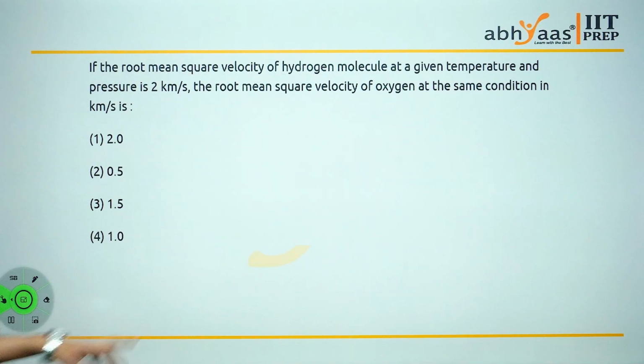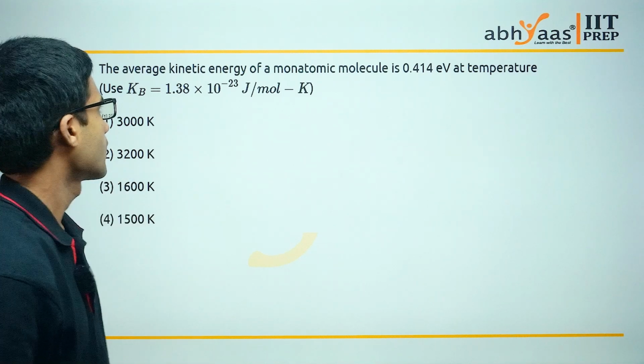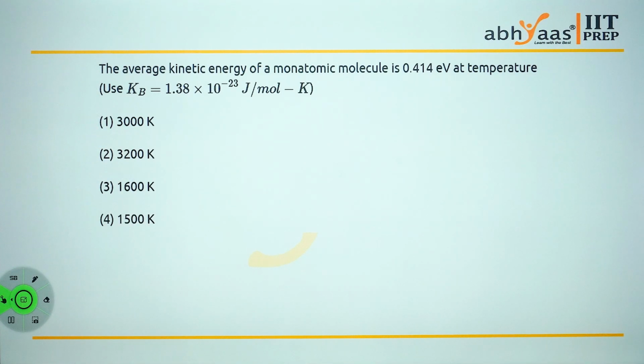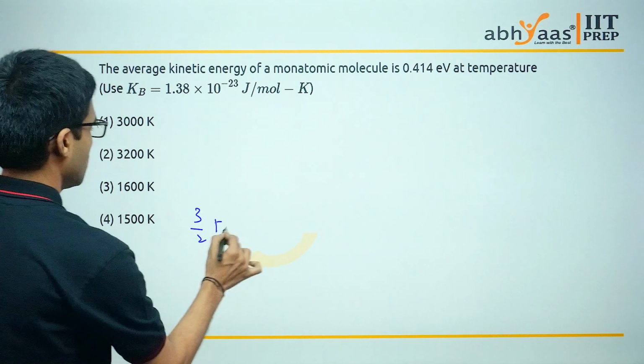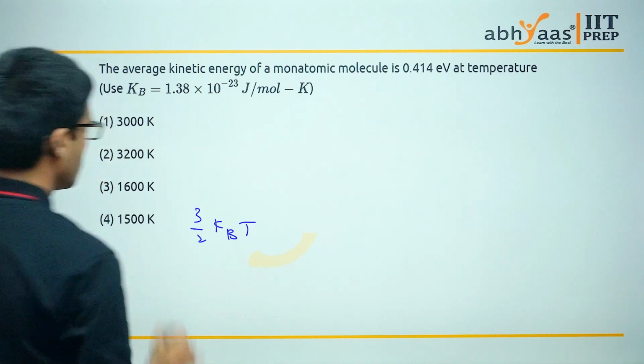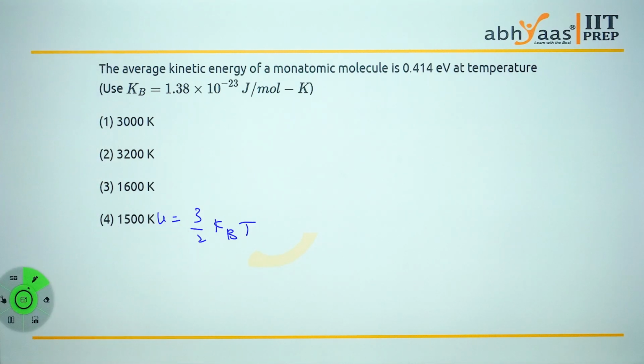Next question, also related to kinetic energy. Here they have given it in the form of kB. You know, kinetic energy is equal to 3/2 kBT. But this is energy, and temperature you need to calculate.